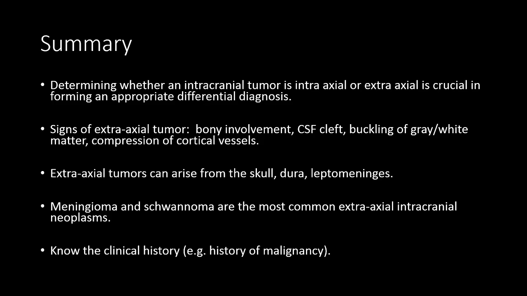Extraaxial tumors can arise from the skull, the dura, or the leptomeninges. Meningioma and schwannoma are the most common extraaxial intracranial neoplasms. And really, knowing the clinical history is very important, especially knowing whether the patient has a history of malignancy. That would certainly make the possibility of an extraaxial neoplasm being a metastasis much more likely.